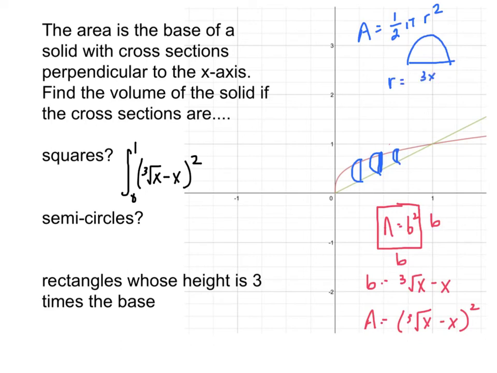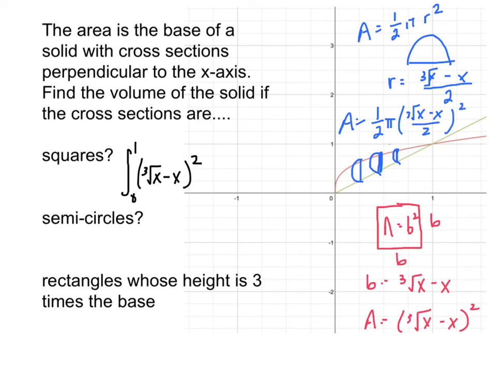So the radius would be the difference between the functions. Be the cube root of x minus x, but then we're going to have to divide that by 2 to get the radius, because the difference between the functions is the diameter. So my area would be 1/2 pi multiplied by the cube root of x minus x over 2, squared.